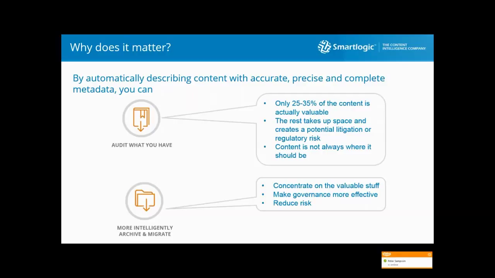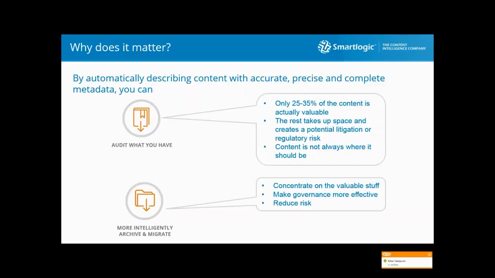Most of the studies that have been done over the last 15 years have said two things. Number one, unstructured and semi-structured information is about 80 to 85% of the information in the enterprise, and only about 25 to 35% of it is actually valuable.